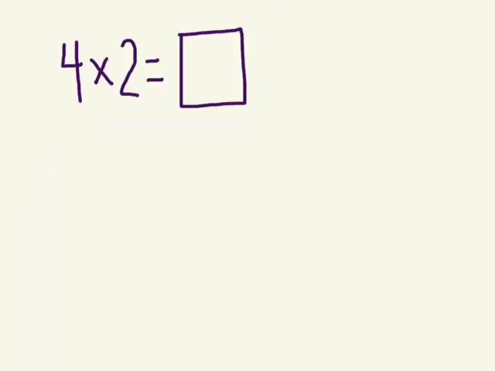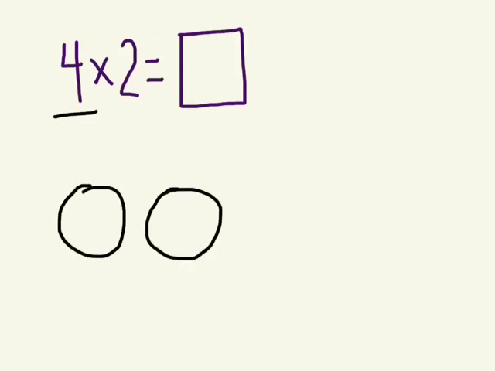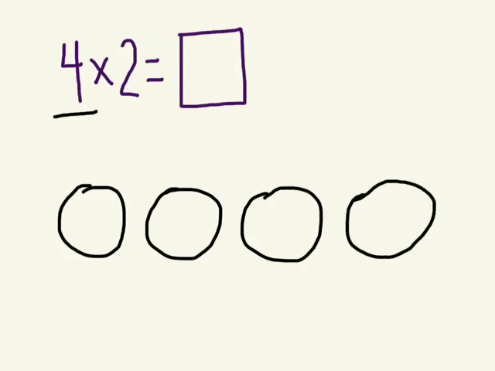Now we have an equation. 4 groups of 2 equals something. I'm going to teach you how to draw repeated groups. All right, our first number is the number of groups that we have. So we see here we have 4 groups. So let's draw 4 circles. 1, 2, 3, 4.